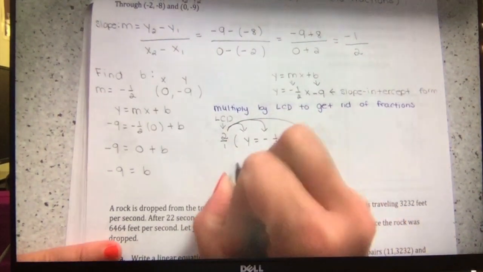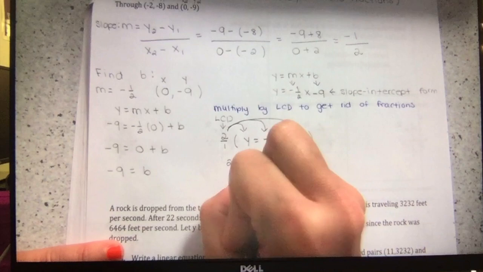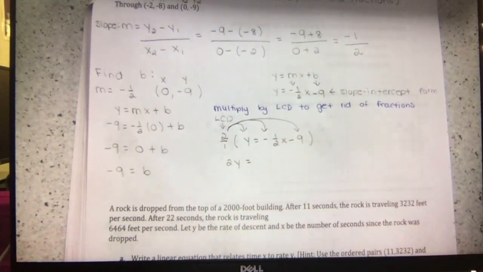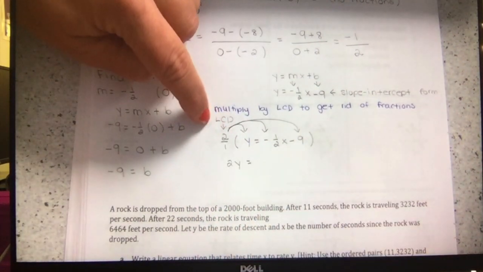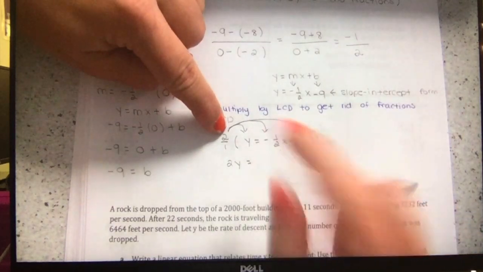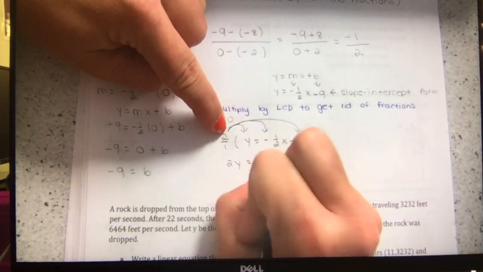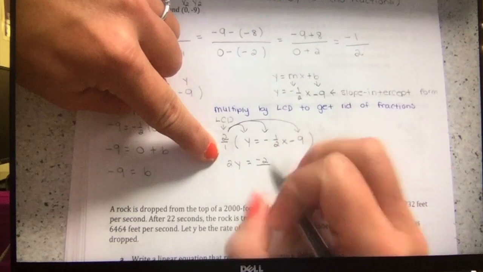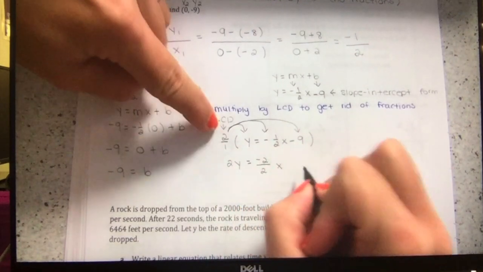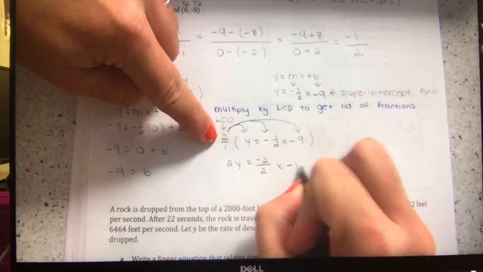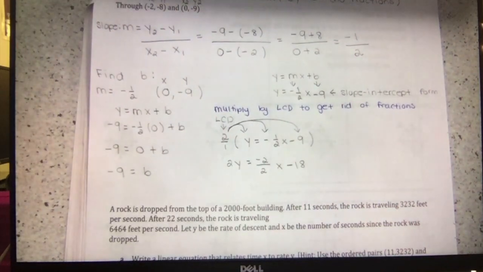So 2 times y is 2y equals 2 times negative 1/2 x. We're multiplying fractions straight across. 2 times negative 1 is negative 2, all over 1 times 2 is 2x. And then 2 times negative 9 is negative 18.